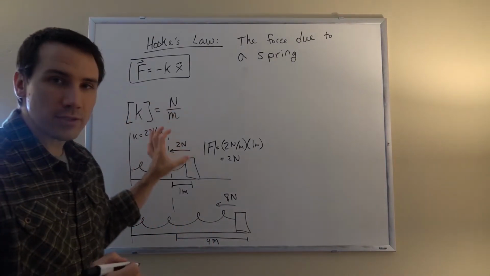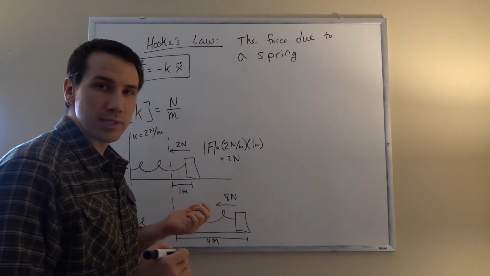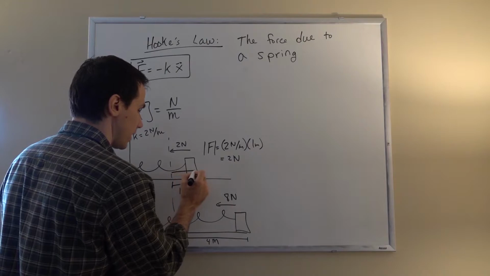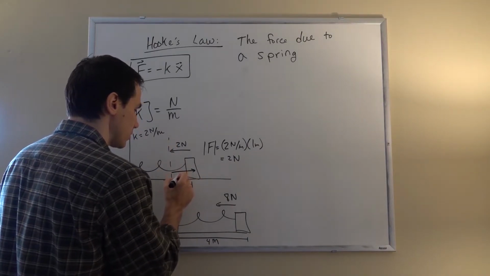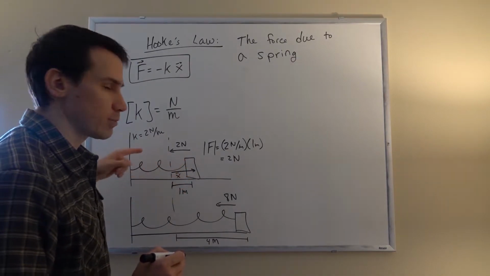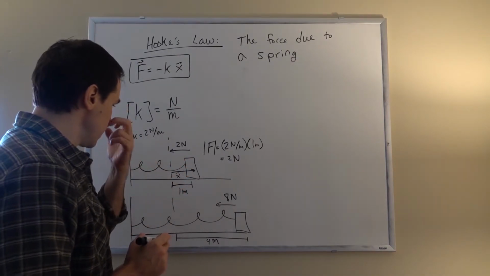So the magnitude of my force is going to be 2 newtons here, and I know that my displacement vector points from my equilibrium position to my object, which means that my force points back, right?